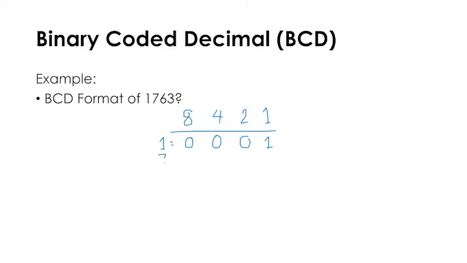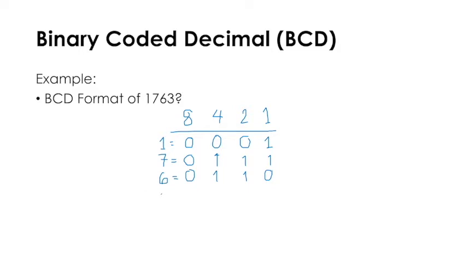And the second digit is 7. So we know that 4 plus 2 plus 1 is equal to 7. So we will have a BCD 0, 1, 1, 1. The next digit is 6. And again, 4 plus 2 is equal to 6. So our BCD for 6 is 0, 1, 1, 0.